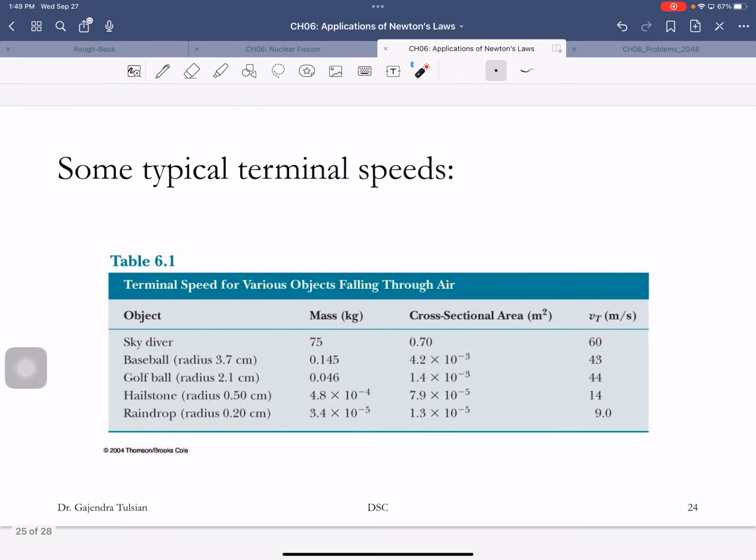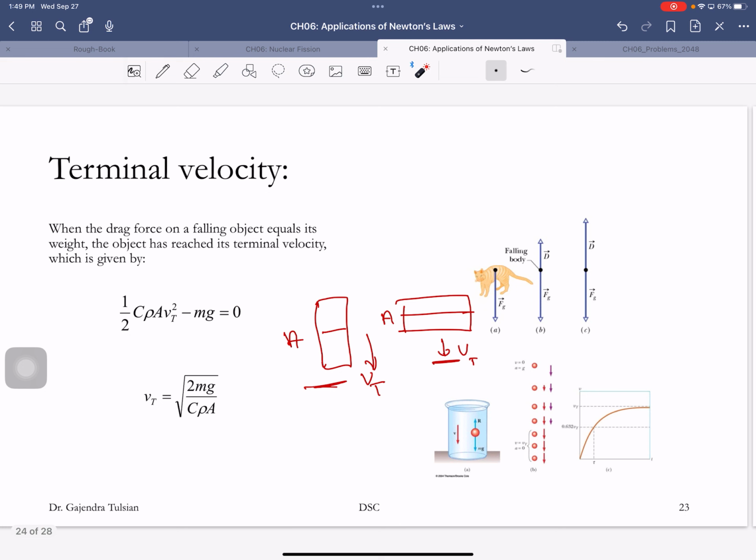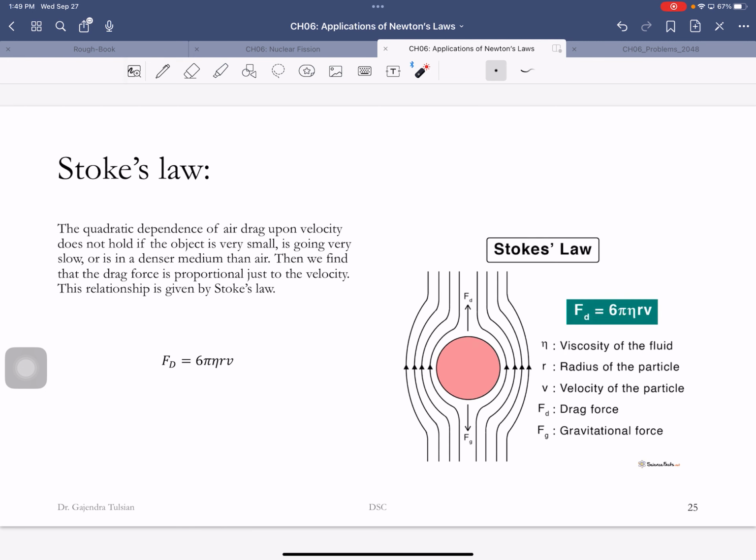So far we talked about drag forces when we were falling in air. But let's say you shoot an underwater missile, so now you're going through water. If you shot a cannon through water, then the drag force is proportional to the velocity.